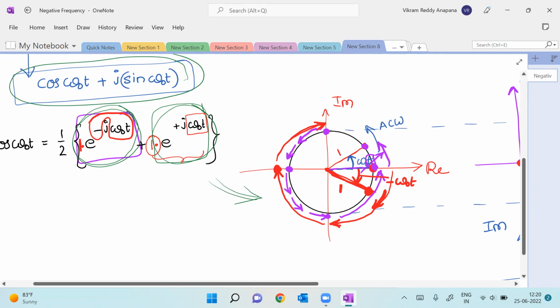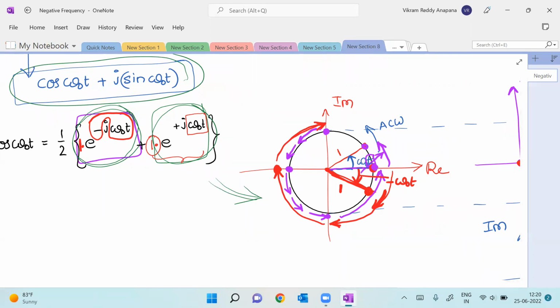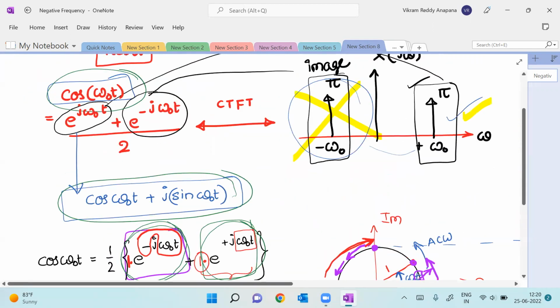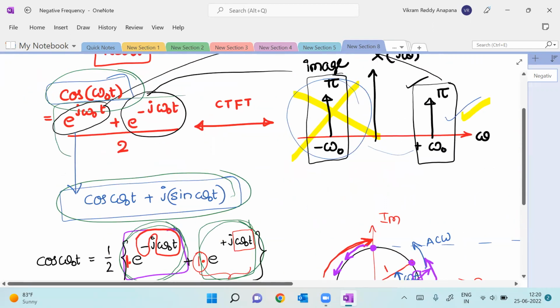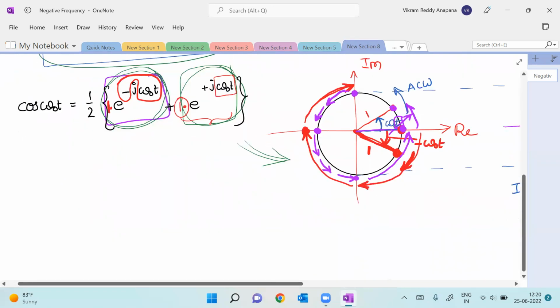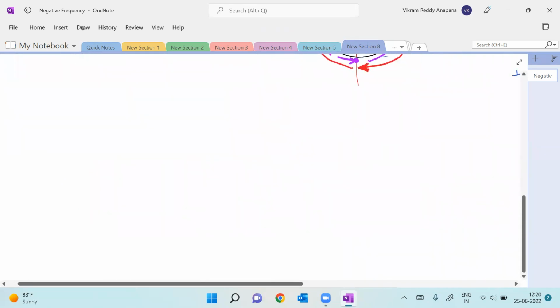And that's it. Now, if we try to plot the real part, because we can also justify how this formula really works with cos omega naught t, of course, again, let me take this unit circle.